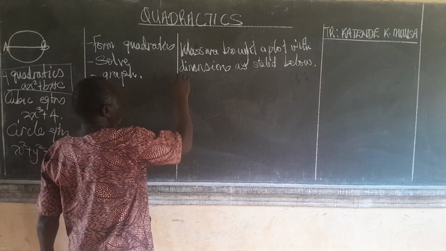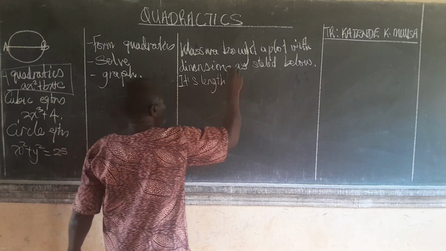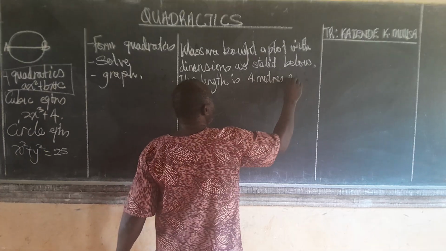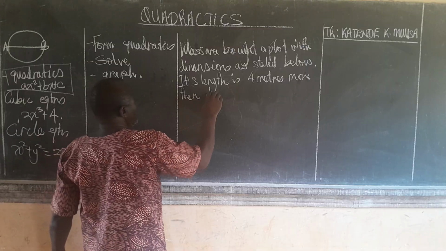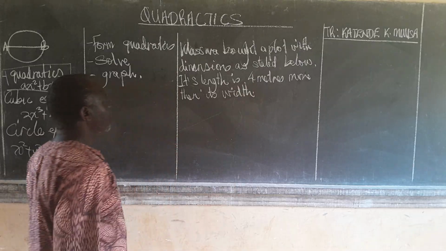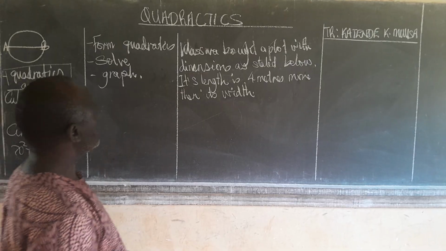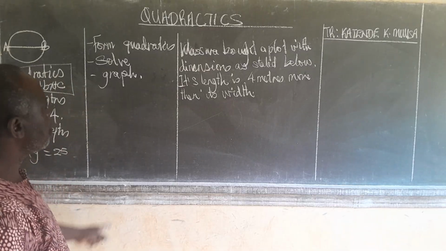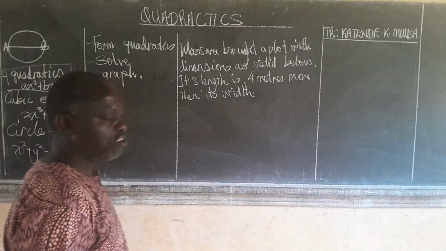Its length is 4 meters more than its width. Here we have a certain man who has just got some money, and his target is to buy a plot, and the dimensions of the plot are: the length is 4 meters more than its width.